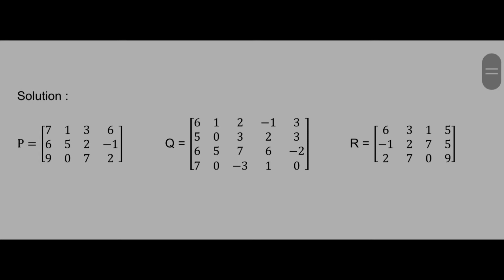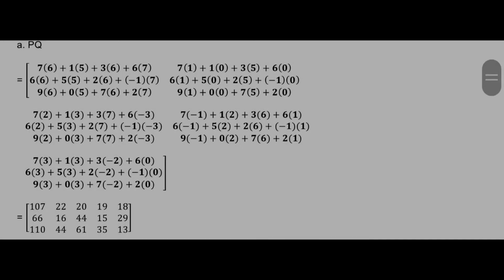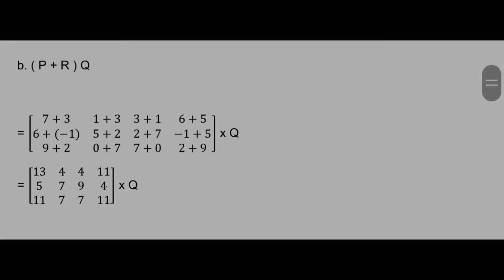First of all, we create matrix P 3 times 4, matrix Q 4 times 5, and matrix R 3 times 4. For question A, P multiply Q. We will multiply each row in matrix P by all columns in matrix Q like this, and we will get the answer for question A. For question B, the addition of matrix P and matrix R in brackets is multiplied by Q. First of all, we must solve the bracket.